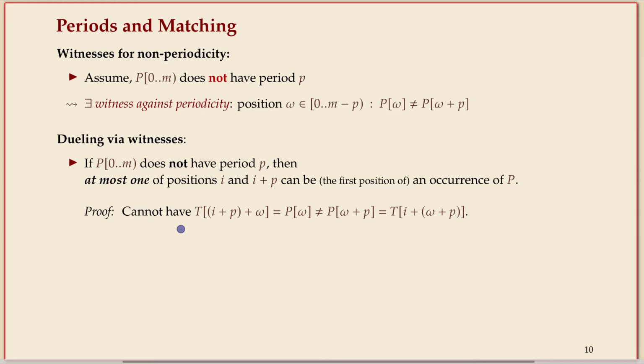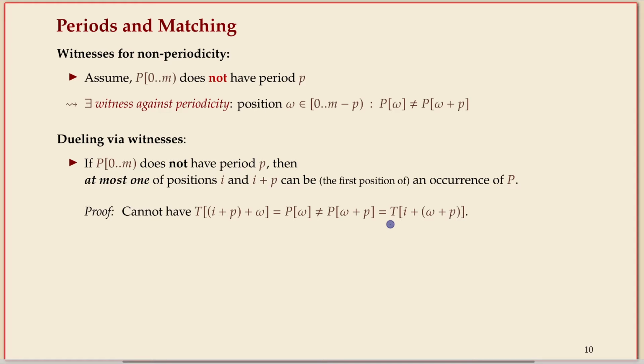So suppose both were a match, then we would have the position starting at the second occurrence, and omega positions into the pattern. So that would be the same as p of, so that's the position in the text, and that would be the corresponding position in the pattern. But this is not the same as the position p shifted by the witness definition.